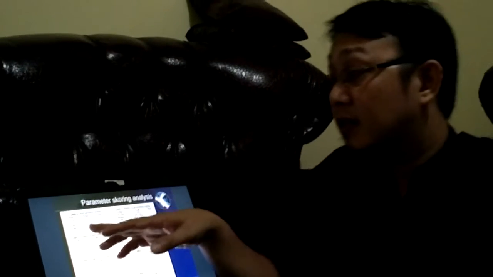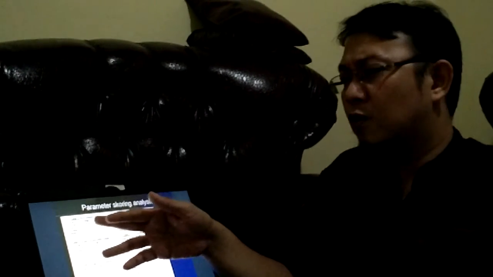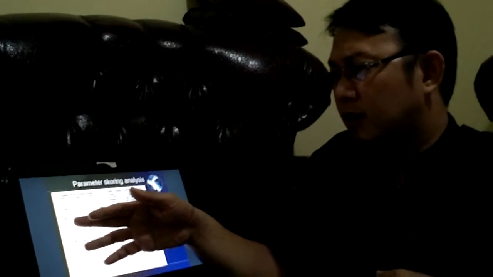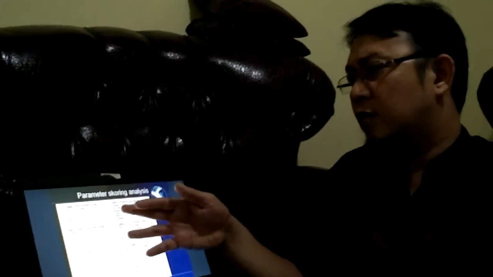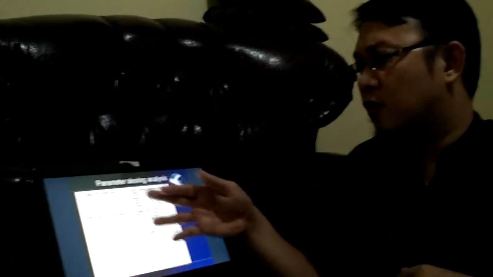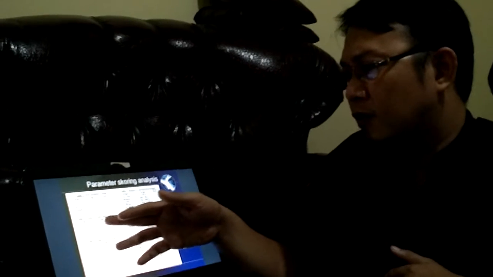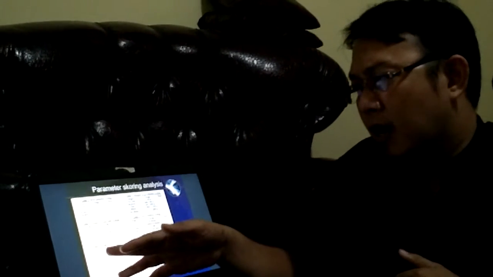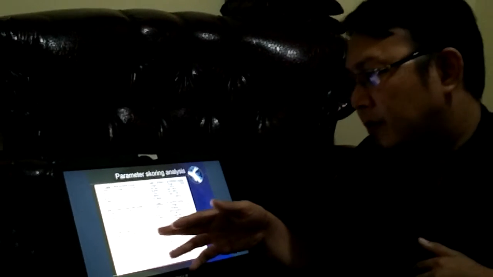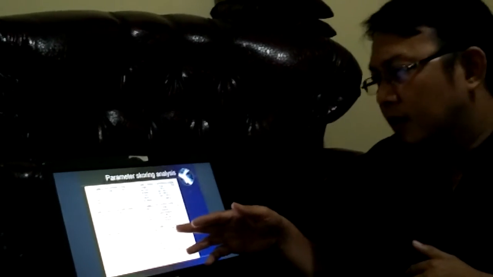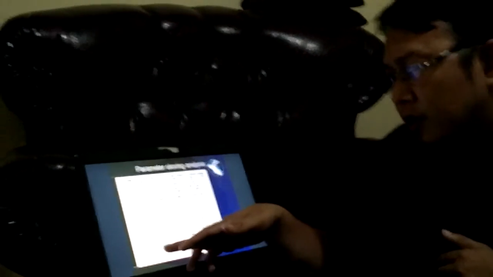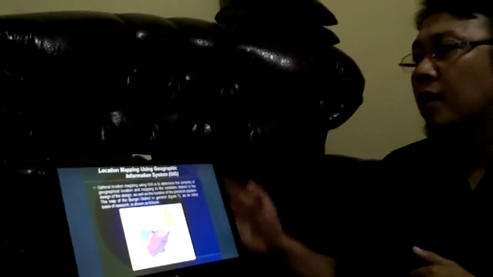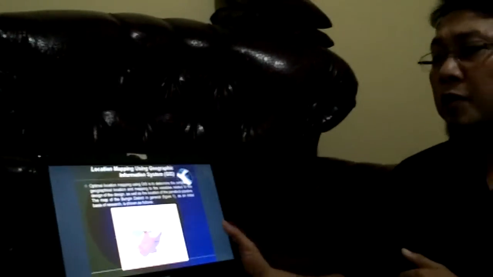Table 1: head potential score, distance to powerhouse scoring, distance to load center scoring, forest condition scoring, accessibility scoring, loss scoring, slope scoring, and soil texture scoring. Location mapping using geographic information system.